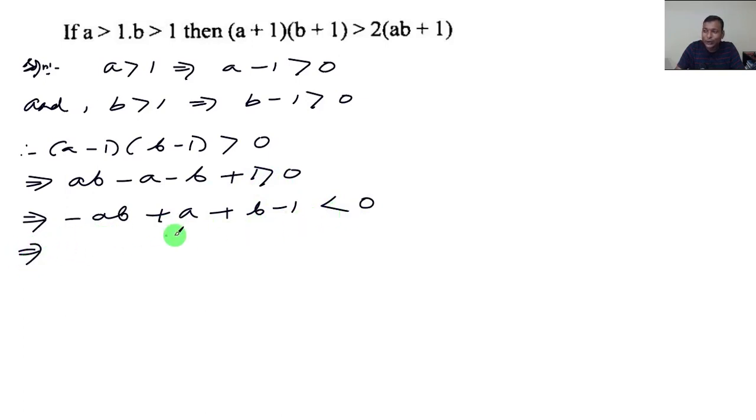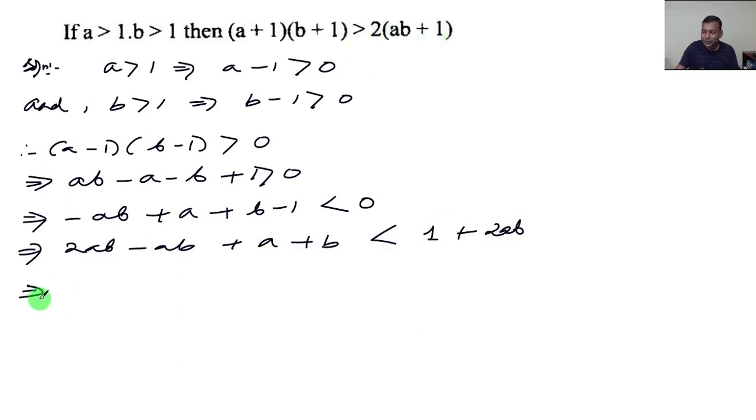Now I will add 2ab on both sides. Here I have added 2ab, this is minus ab, this is plus a plus b, and this minus 1 I'll take to that side. It will become 1, and also it is 2ab. See here, it is 1 and I want 2 here. As well, 2ab minus ab is ab, plus a plus b.